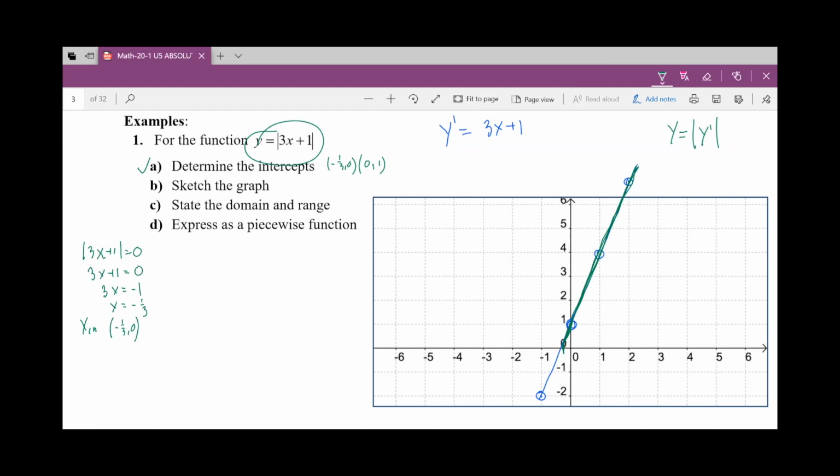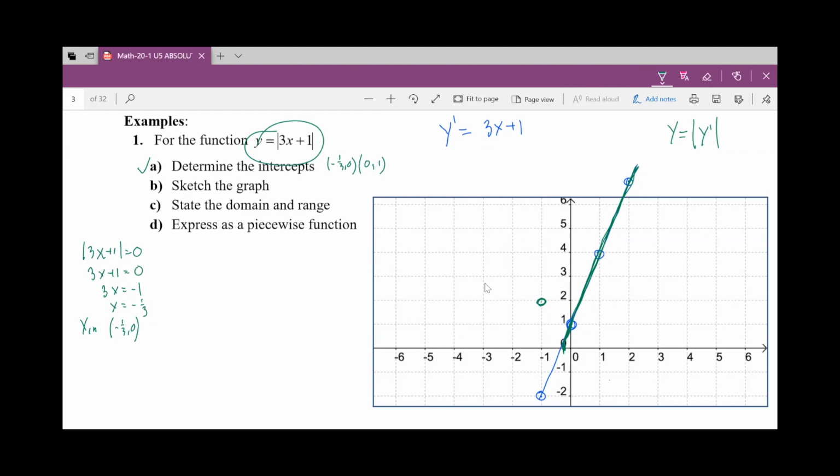So we know we have the x-intercept here at negative 1/3. Remember how we chose this point here, negative 1, negative 2? Well, because we know that this is a point on the original function, and we know that that point is going to be reflected about the x-axis, we now know that this is going to be a point on one of the piecewise functions. All right.